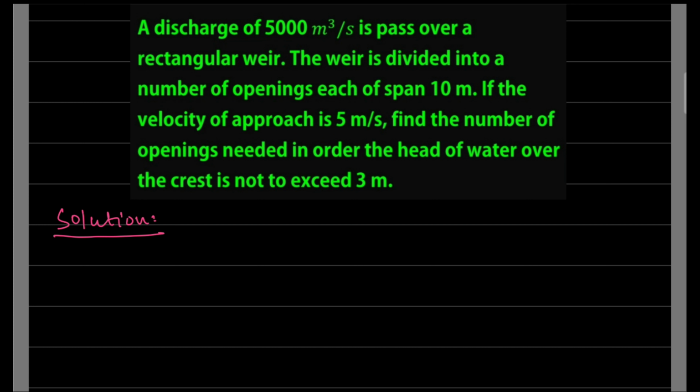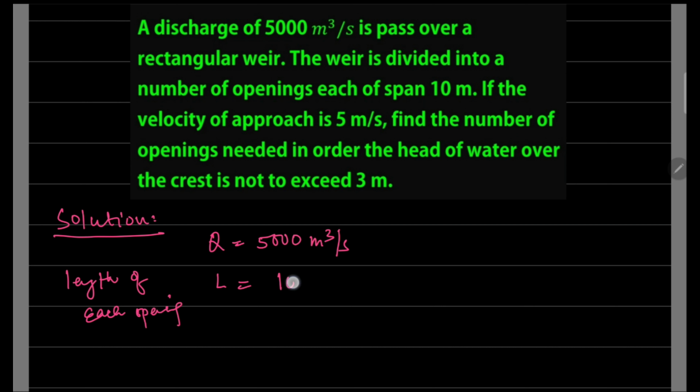So the Q value is given to us. Q is 5000 cubic meter per second. Now, the length of each opening, L, is 10 meter, and the VA value is given to us, that is 5 meter per second.